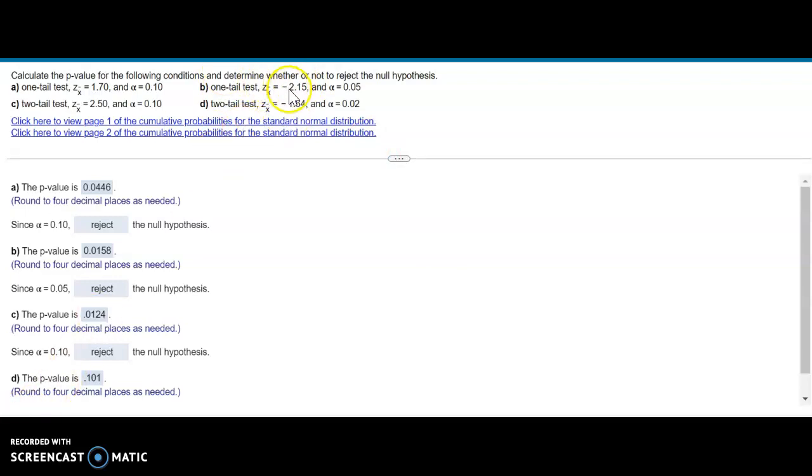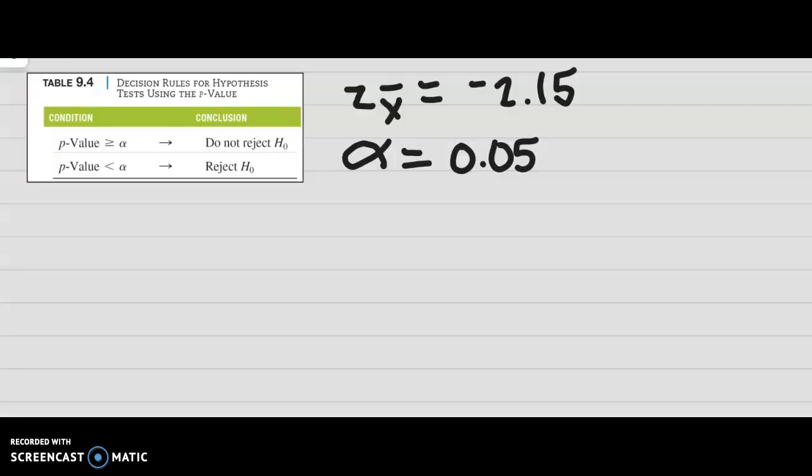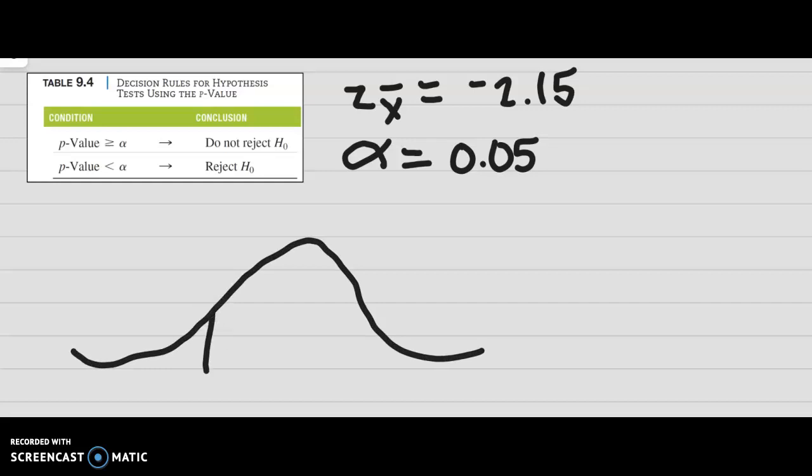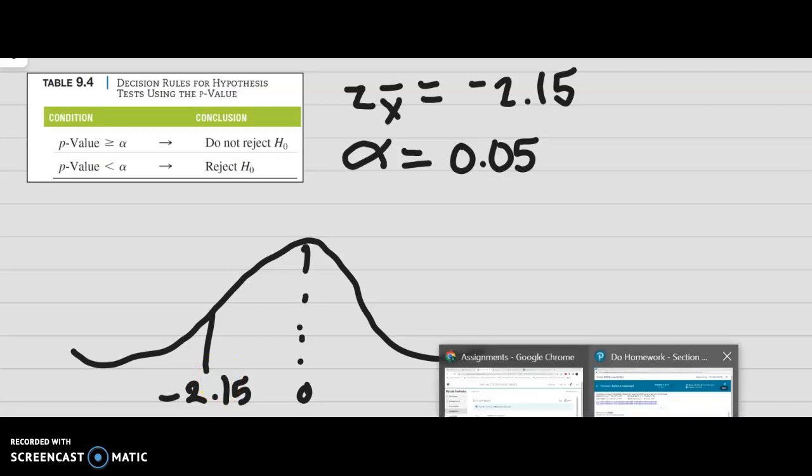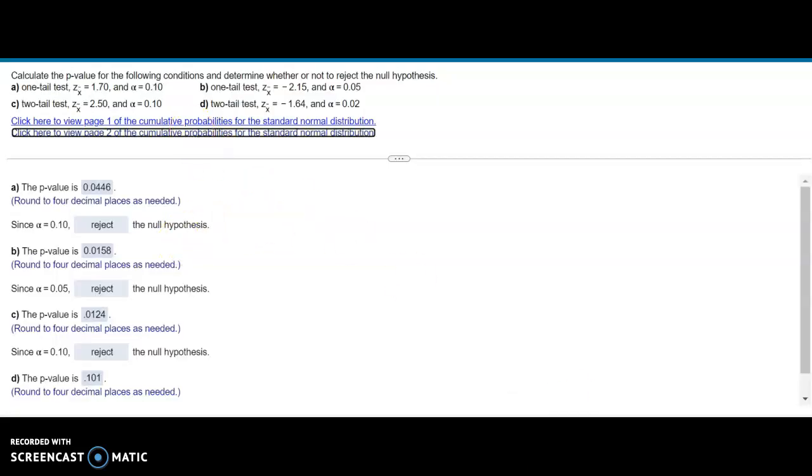Okay, so -2.15, let's go ahead and draw. -2.15 would be right here, and 0 would be your midpoint here. So negative 2.15 would be really this tail right here. So we can look that up in our chart.